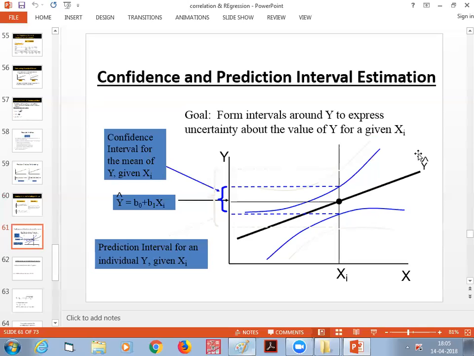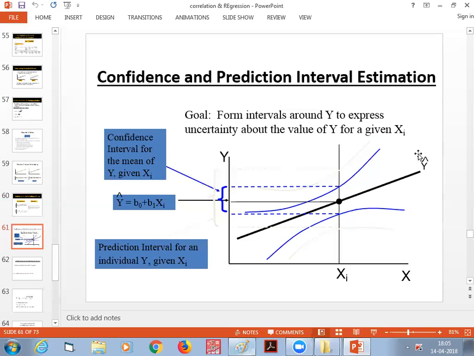The estimated value is not exactly equal to the actual value of y, correct? So we need to find an interval for that. That interval is nothing but this difference. This is called the width of the mean interval, the interval for the average of y.